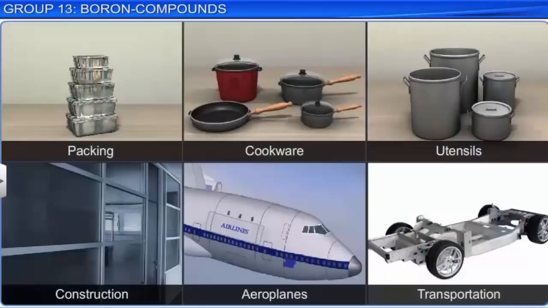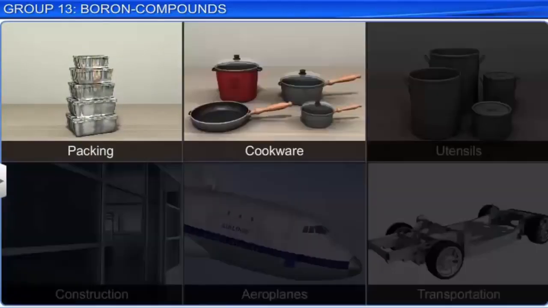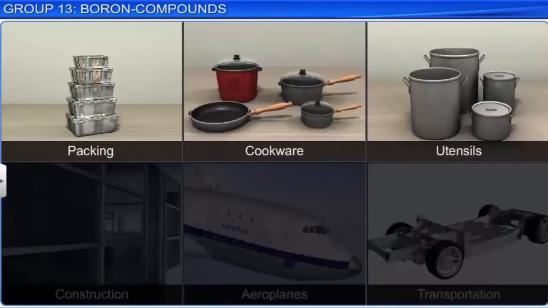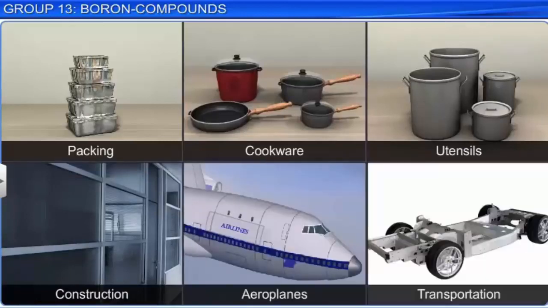Hence, aluminium and its alloys are widely used in packing, cookware, utensil making, construction, aeroplanes, and transportation industry.